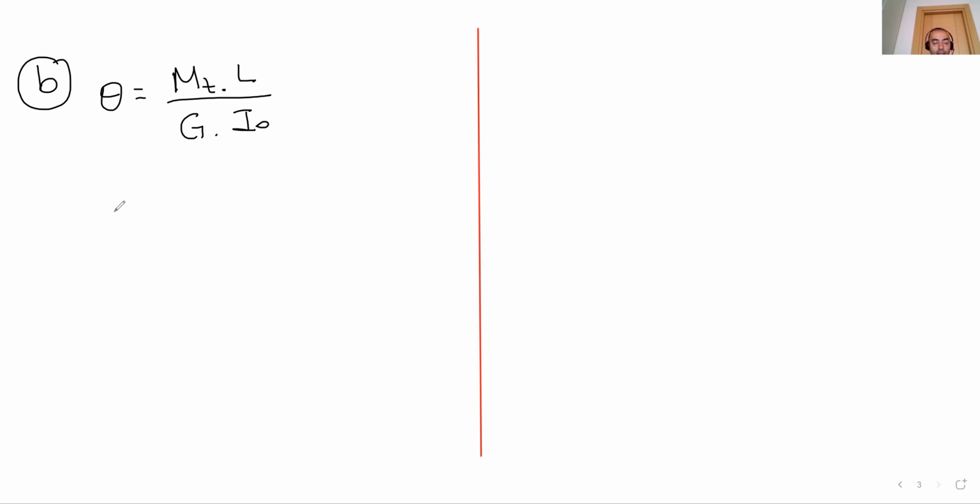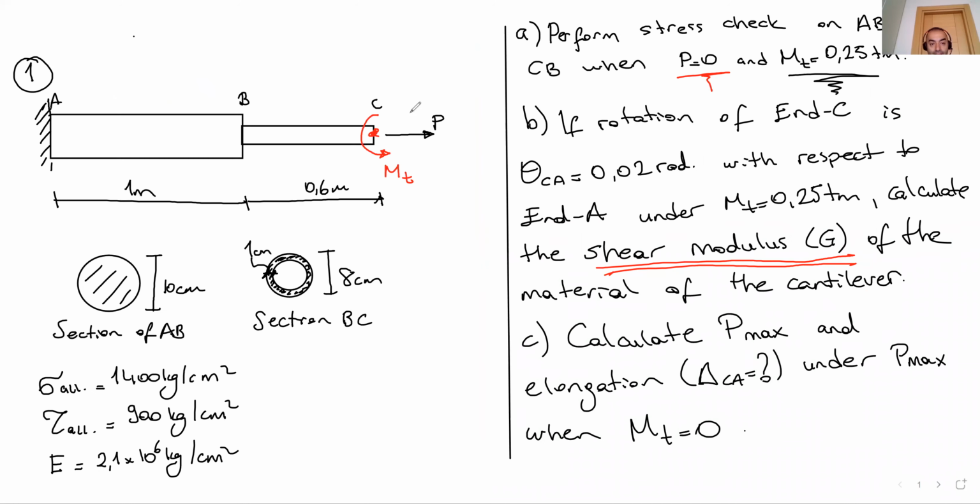Okay, so we have the total rotation. Our section is this. We have to consider each portion. This is portion 1, remember. This is portion 2. And in all these portions, we have constant torsional moment, right?